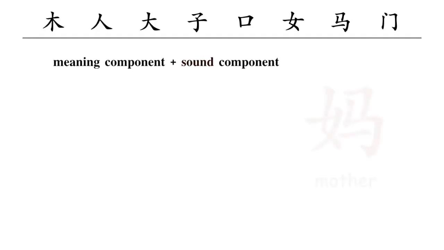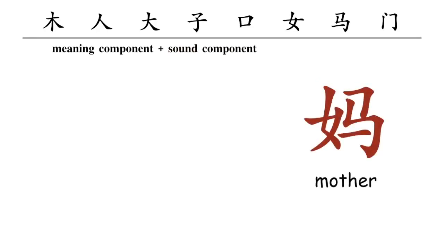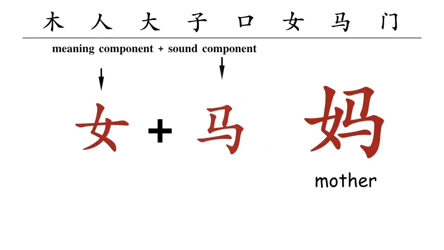Take a look at our first example. The character means mother. We have female on the left side as the meaning component because mother is a female. On the right side as the sound component, we have the character of horse. You may ask, what does horse have to do with mother? Because horse here is acting as the sound component.